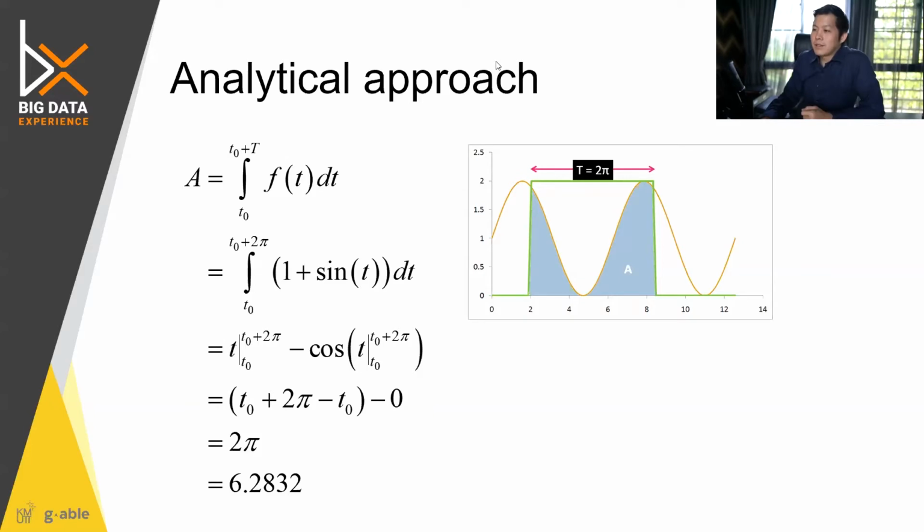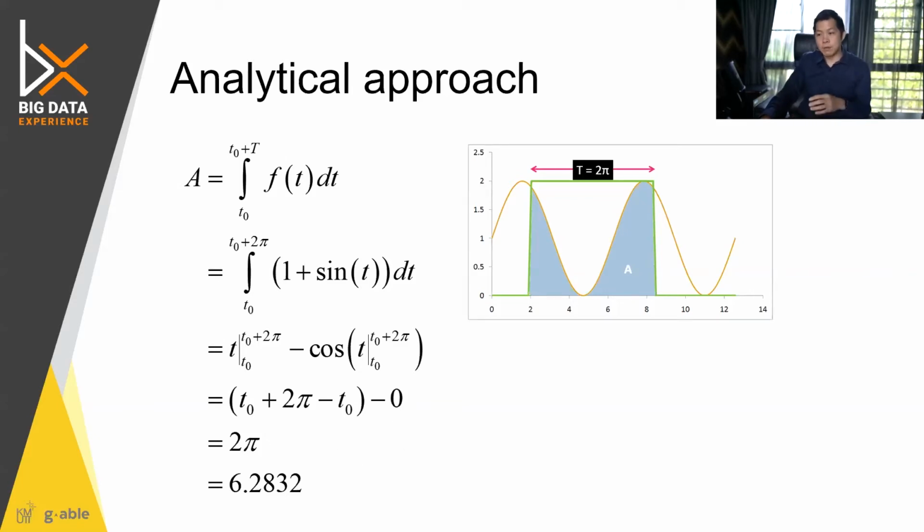Correct. Actually, because of the period. Sinusoidal is periodic, and the period is 2 pi. The graph itself is going up 1 and down 1. That means if you calculate the total area under the curve for one period, you get 0. And that's why we get 0 here. So the result here is 2 pi.